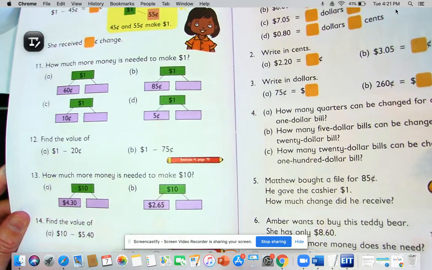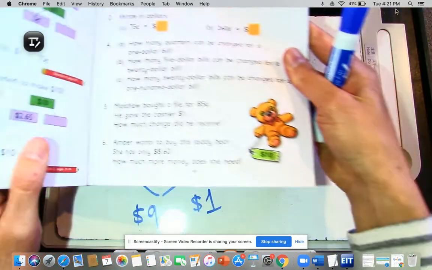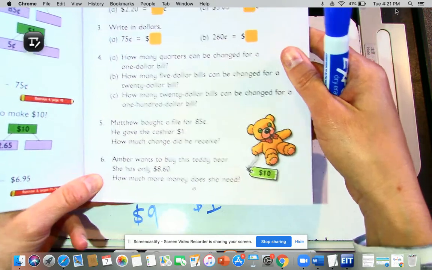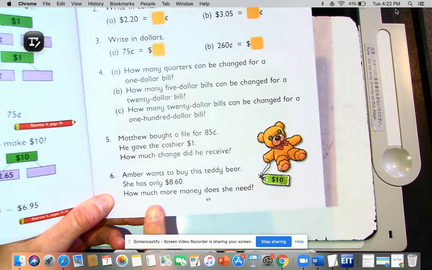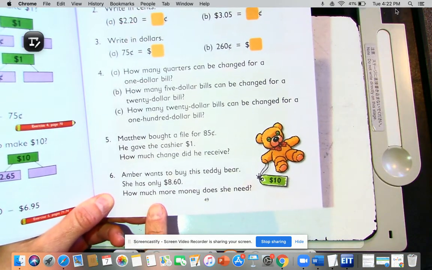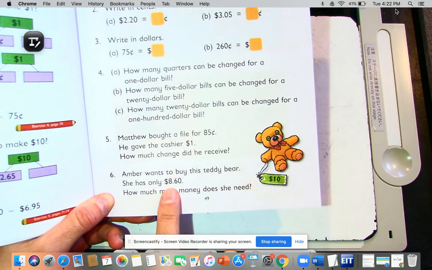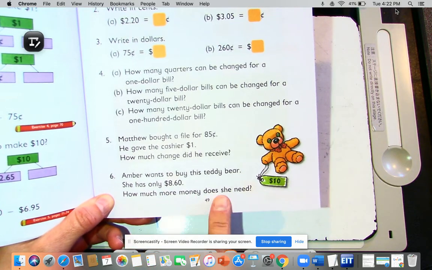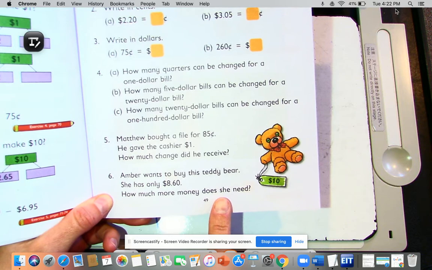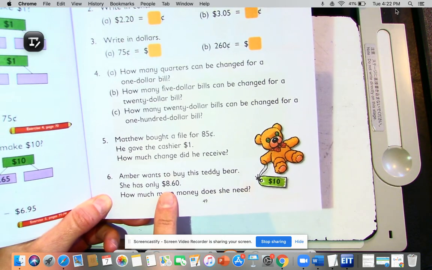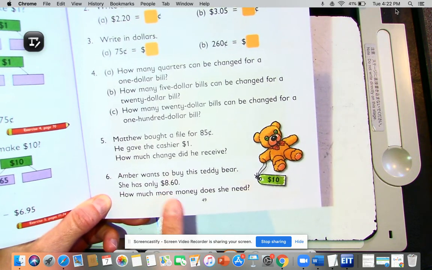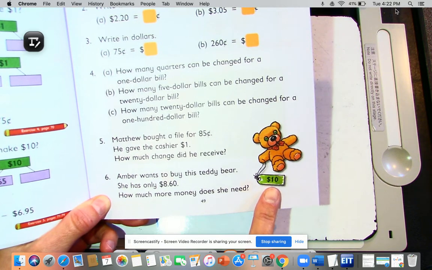All right, so I hope that helps explain a little bit about what we're working on with making $1 and making $10. Ooh, let's see if we can use mental math to do this one. Let's see, it says, Amber wants to buy this teddy bear. She only has $8.60. How much more money does she need? So we want to think about $8.60 plus what is going to get her up to $10.